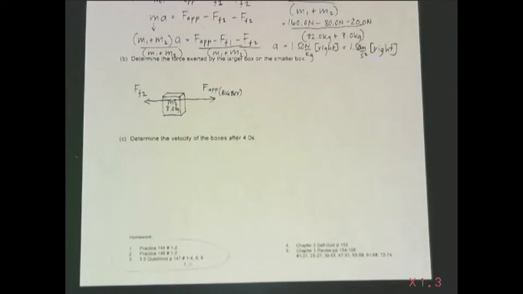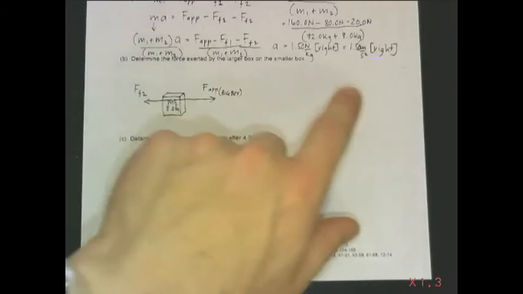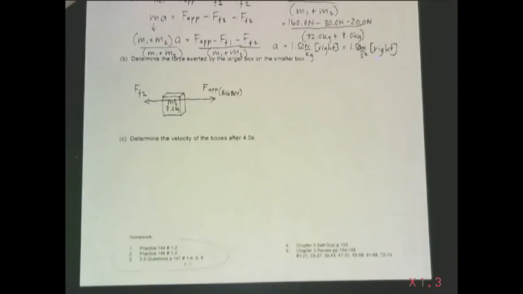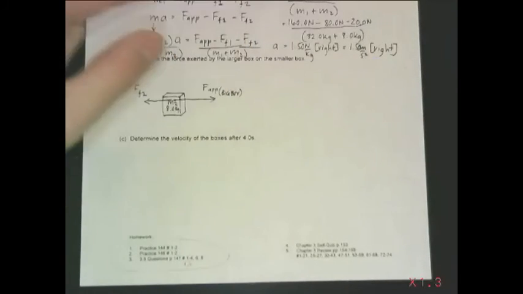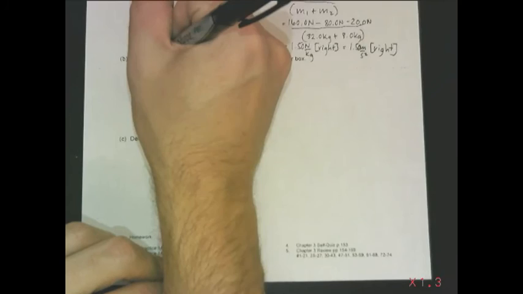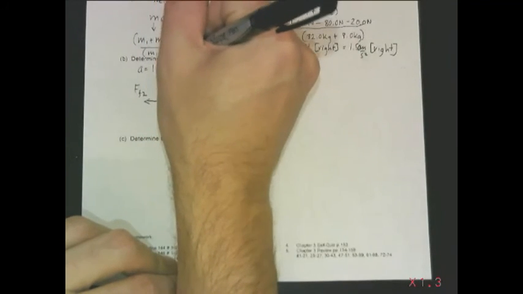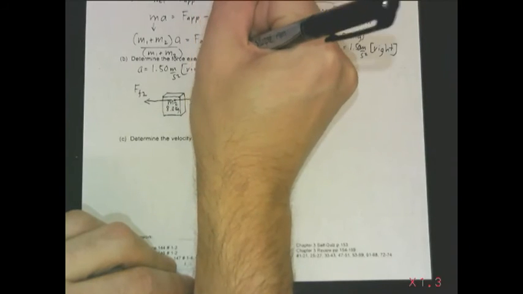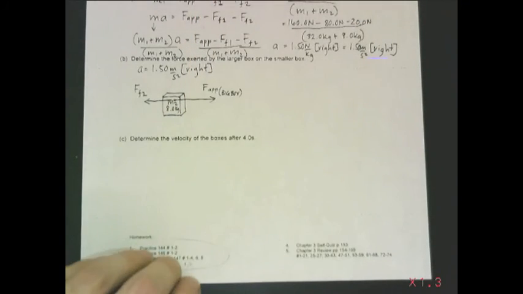In order to do this, we're going to have to carry over one crucial piece of information from the previous example, and that is the acceleration. If you know the acceleration of the entire system, you know the acceleration of all the components. So you need to know that the acceleration is 1.50 meters per second squared. It's going to help you in finding this answer.